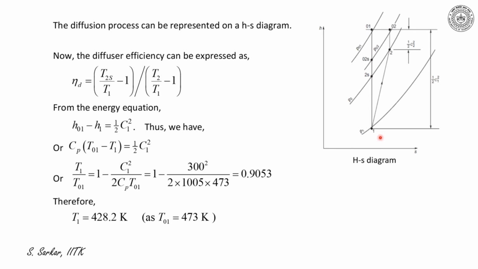Here, however, I can say H01, which is nothing but H1 plus C1 squared by 2, must be equal to H02, which is equal to H2 plus C2 squared by 2.